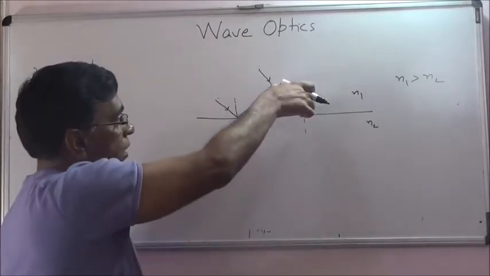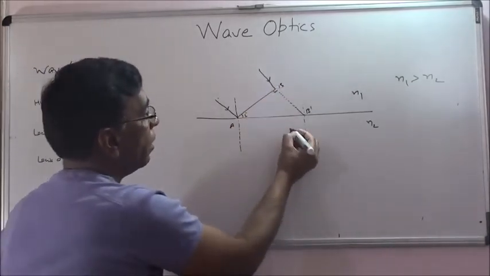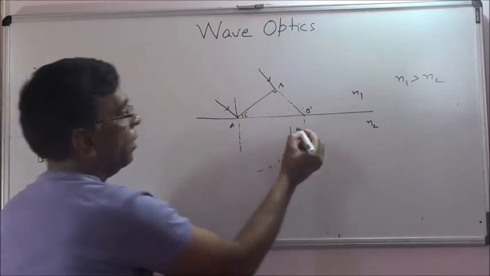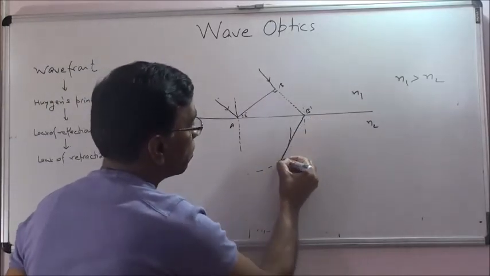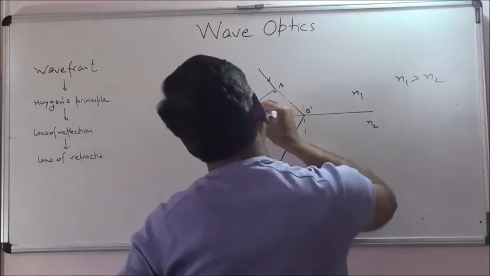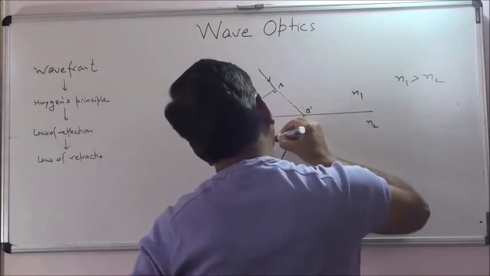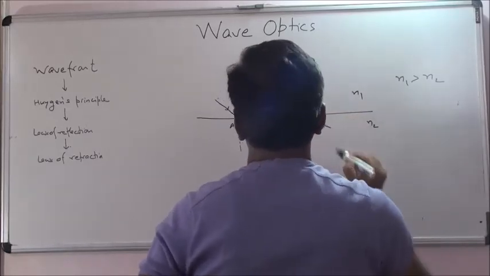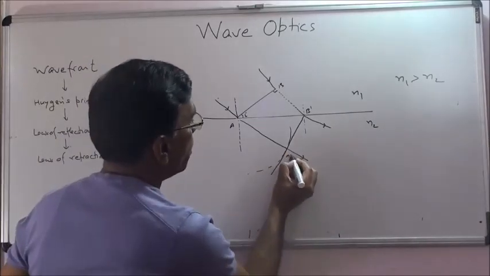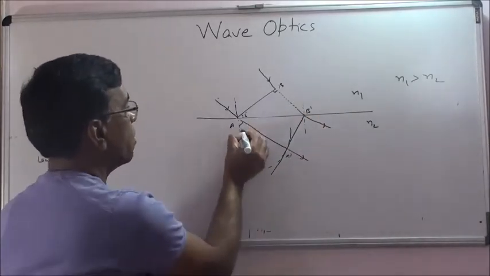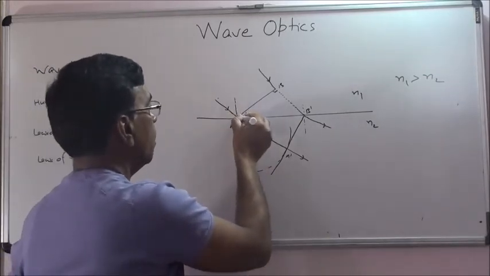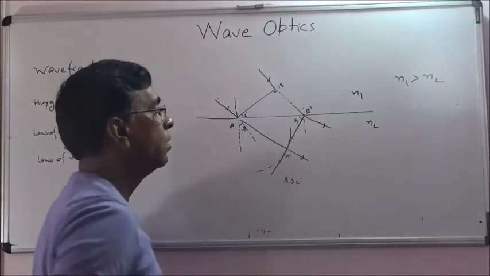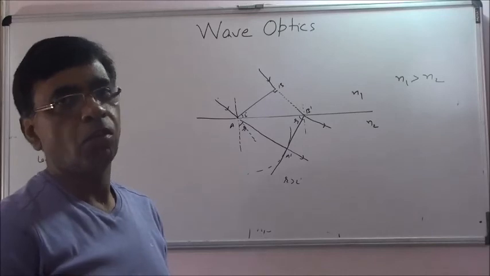So take a radius more than BB dash from here, and suppose it comes like this, and then draw a tangent here. Then A dash B dash will be the refracted wavefront. This is the angle of refraction. Earlier it was going in this direction, so R is more than I. Derivation can be done exactly in the same way, all steps more or less the same.